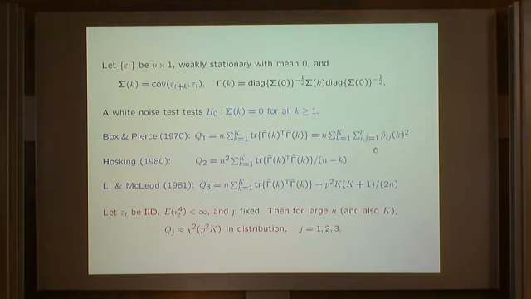The Box-Pierce test, proposed in the 70s, in its original form is very intuitive because you want to test for no linear correlations. So you just add all those linear correlations at non-zero lags, this matrix times its transpose, then take the trace. Basically, you square every element of the matrix, then add them up, because if it's independent, all those elements should be zero.